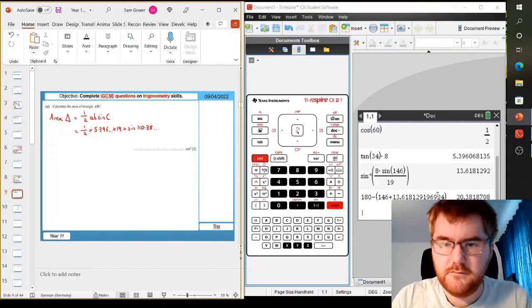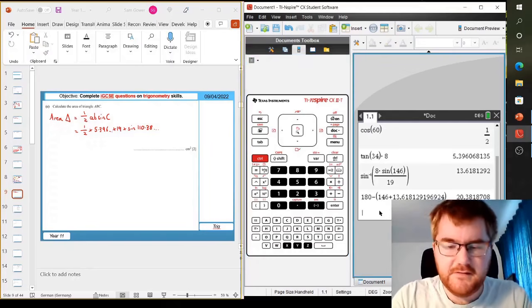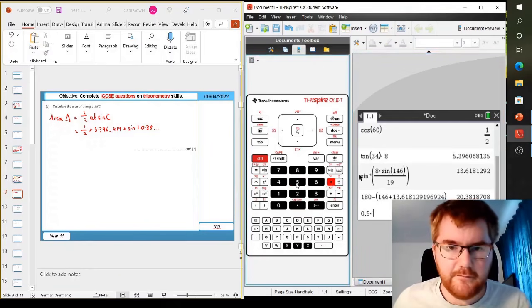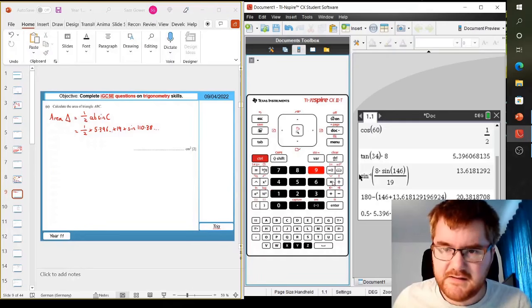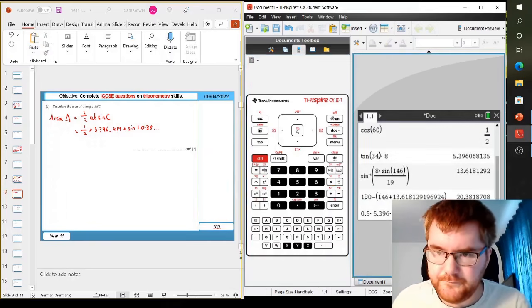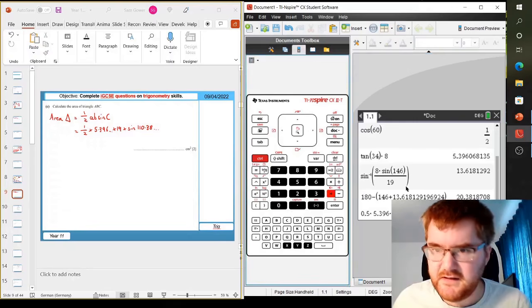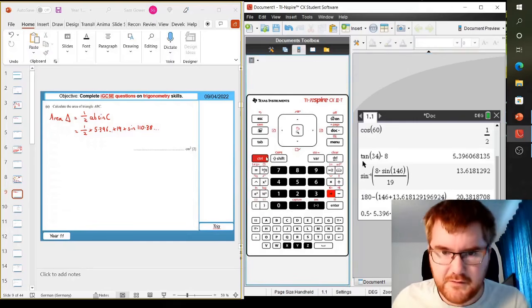So we have 0.5 times 5.396. Probably should be using a few more decimal places, but we'll use this for the moment, 19 times, and we want to use sine here, of 90 plus answer, because the answer from before was that smallish angle that we had.